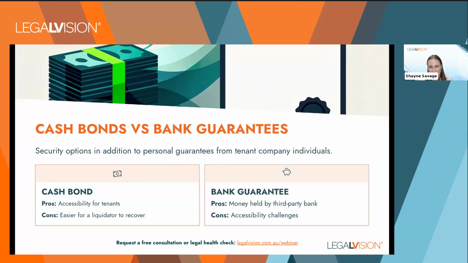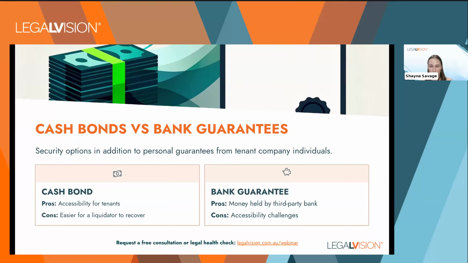Whereas with a bank guarantee, that money, that promise is being made from a third party, which is the bank, and they are saying that those funds are made available to you in your name. So that means that it's a separate entity that has made that promise and the money is with them.